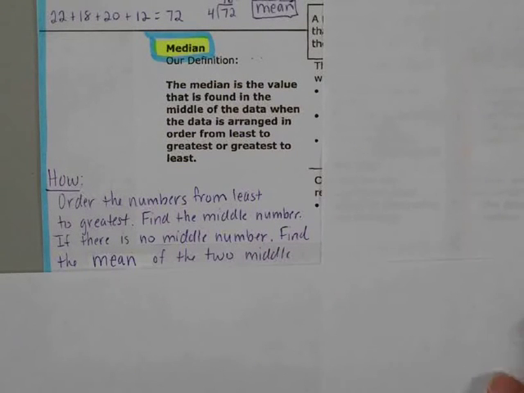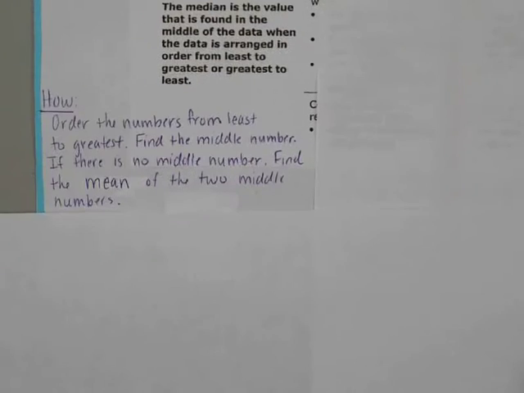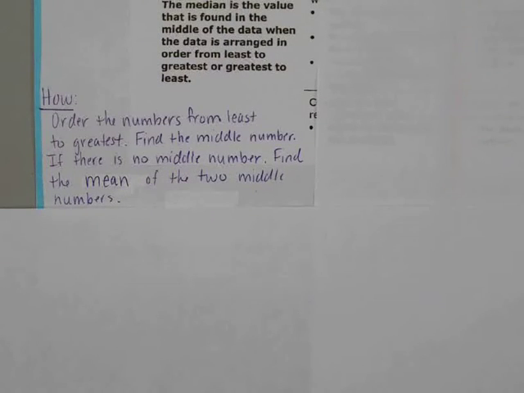We're going to order the numbers from least to greatest, find the middle number. If there is no middle number, you will find the mean of the two middle numbers. So if you need to pause to write that down, that's okay.